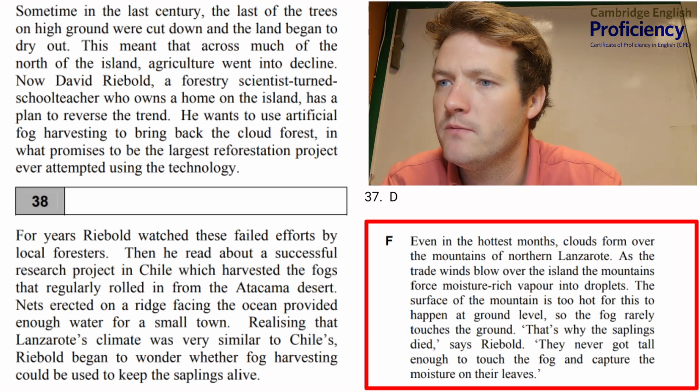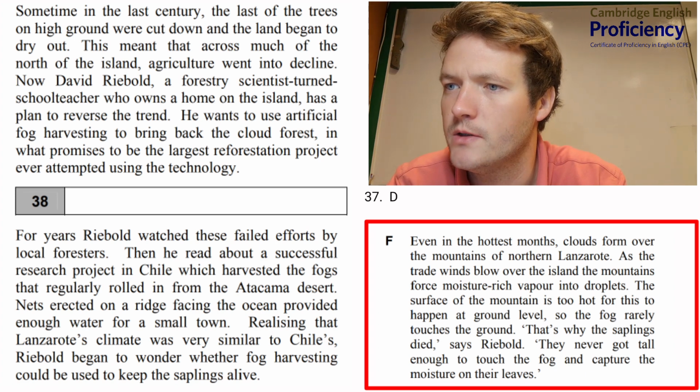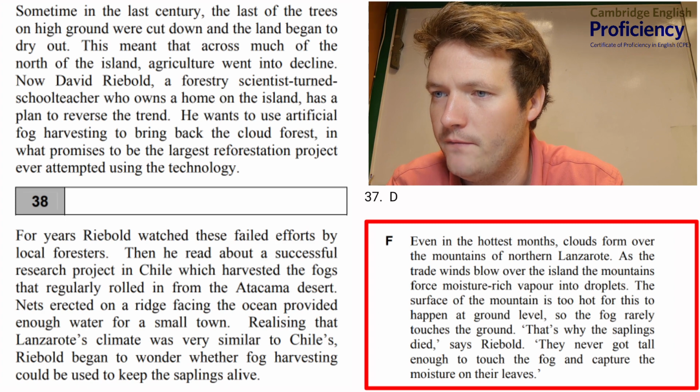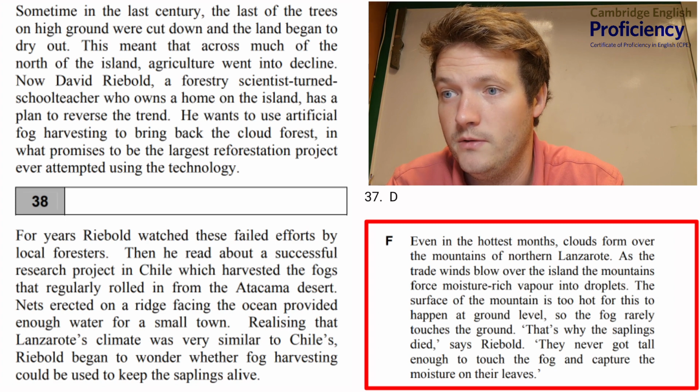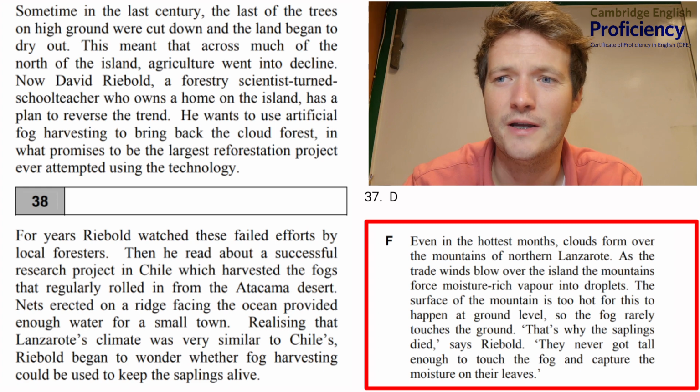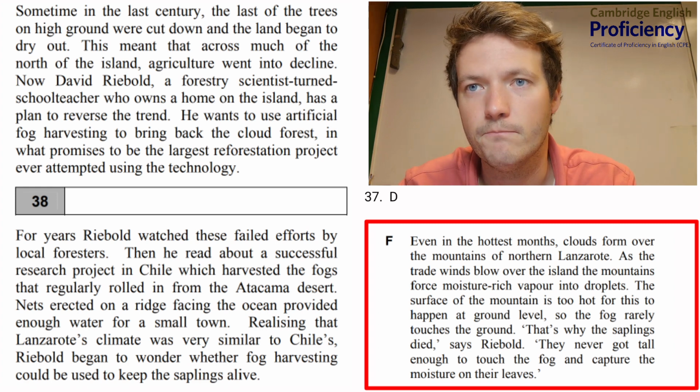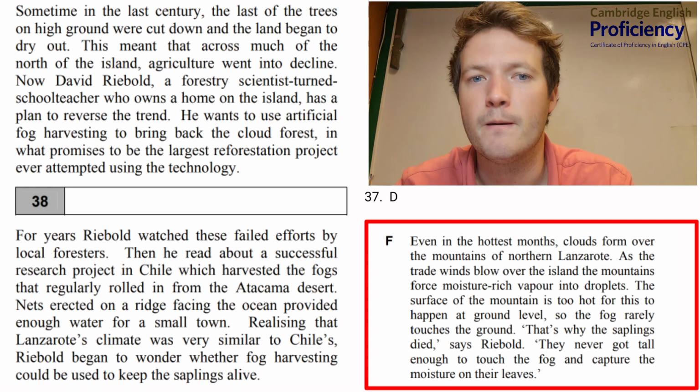The surface of the mountain is too hot for this to happen at ground level, so the fog rarely touches the ground. That's why the saplings died, says Ribald. Well, we haven't mentioned any saplings yet. Saplings, again, like seedlings, young trees.